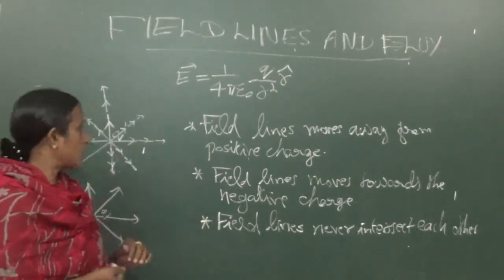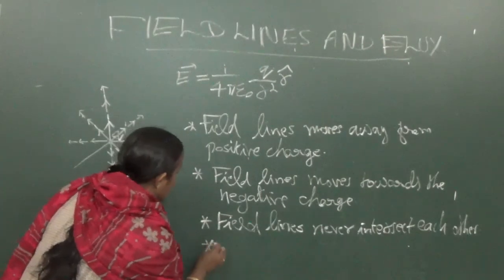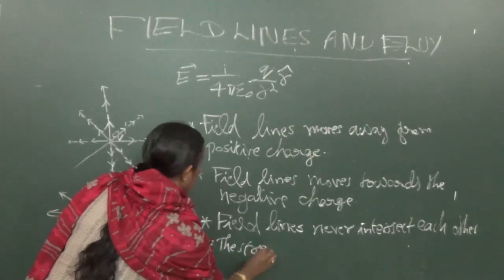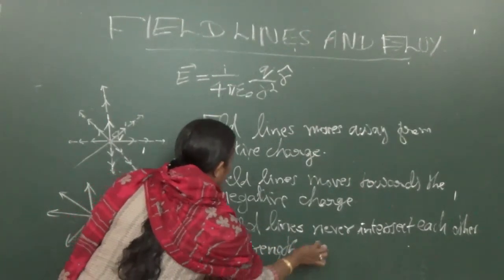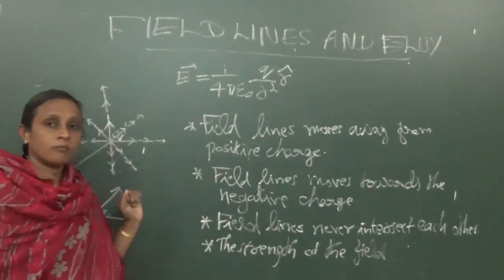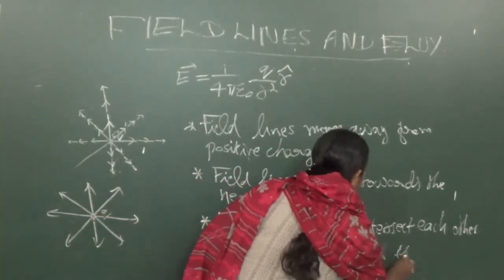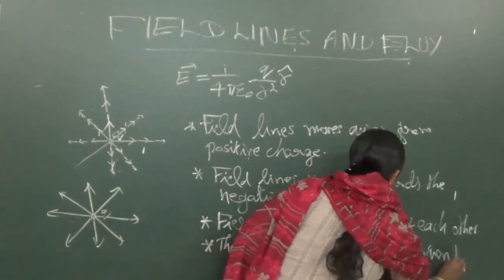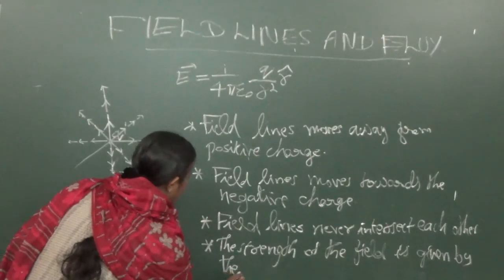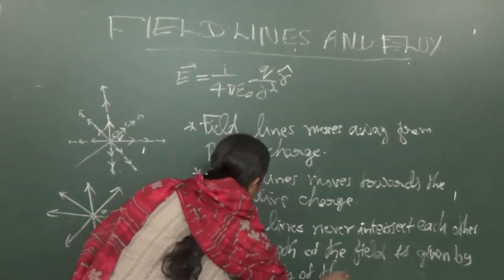Now we want to know how we can represent the strength of this electric field. The strength of the field is given by the density of the field lines.